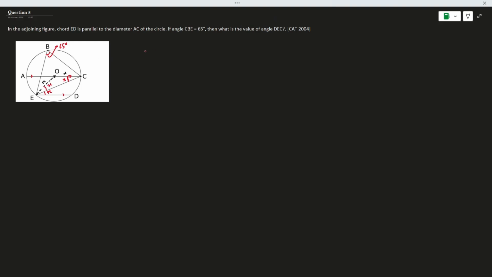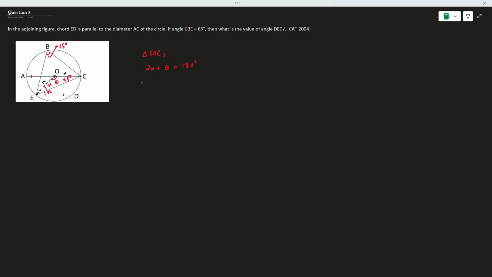Now focus on triangle EOC, and suppose this angle, the central angle, is theta. Can I say 2x plus theta is equal to 180 degrees? Angle sum property of a triangle.